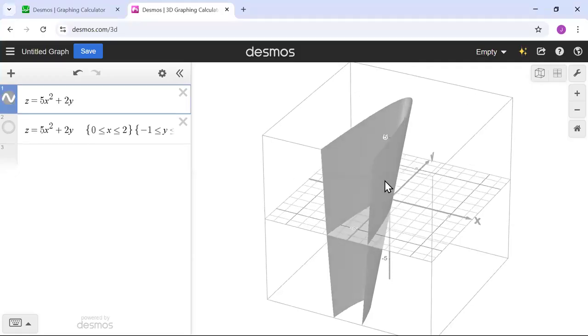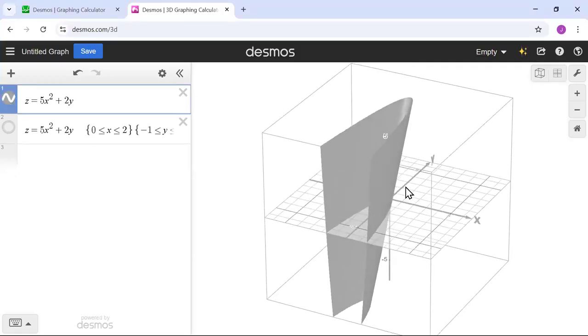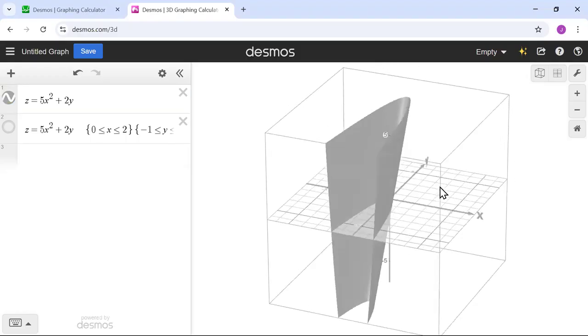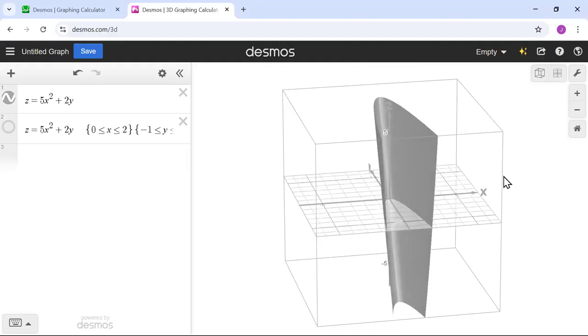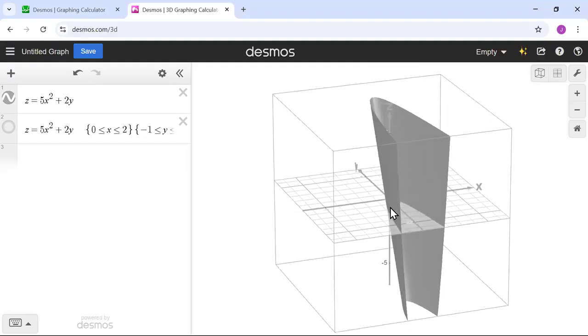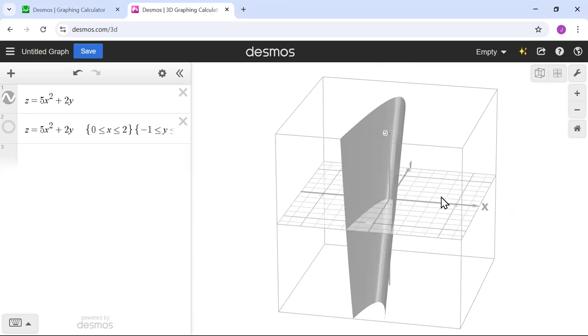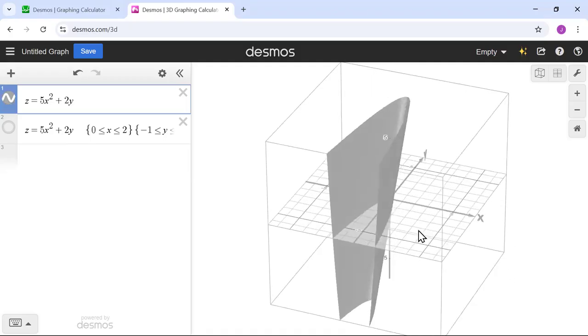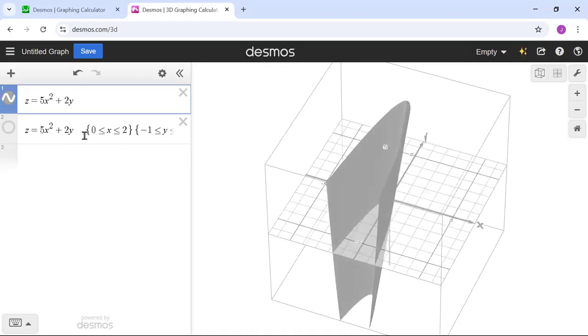All right, so the surface z equals 5x squared plus 2y looks like this. It's this surface here. And we're not going to do a parameterization of the entire surface because that would be obviously infinite. We're only going to look at the portion of the surface between x values of 0 and 2 and y values of -1 and 1.